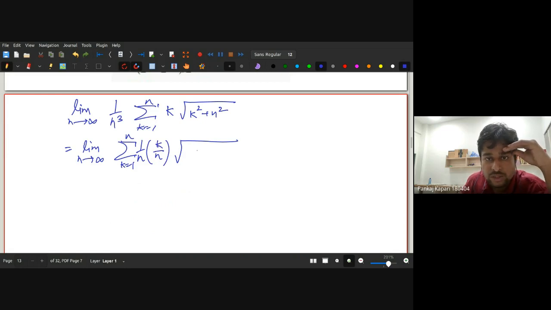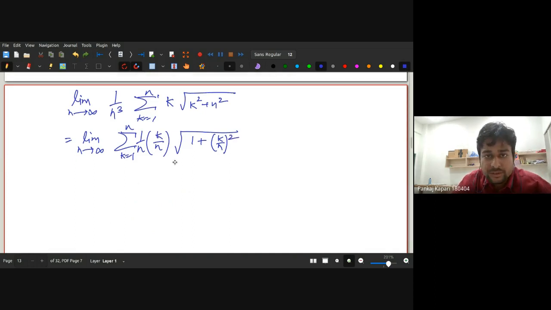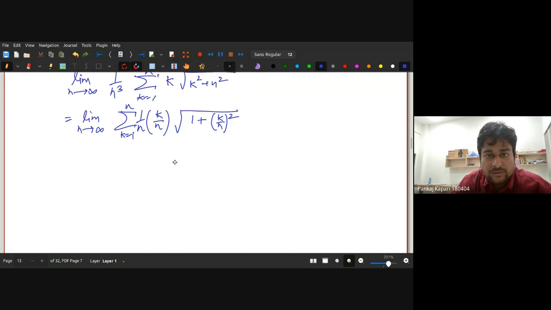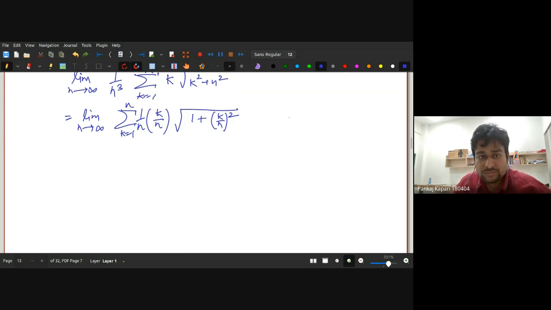So if it goes inside, then you have to divide by n square, right? So when you divide by n square, you will just have 1 plus k over n whole square. So this is what you have now. You have to find the limit of this sum. Now consider the interval.